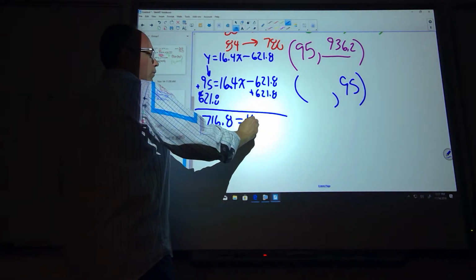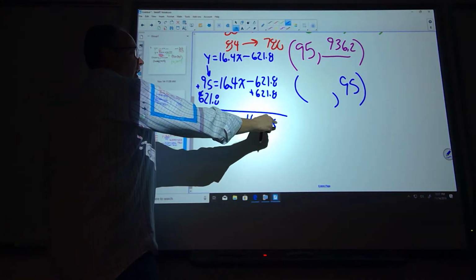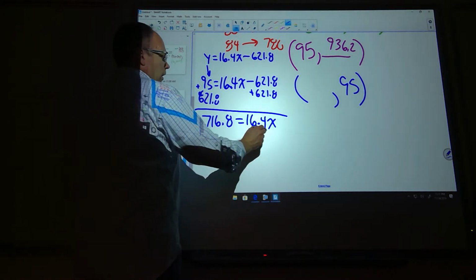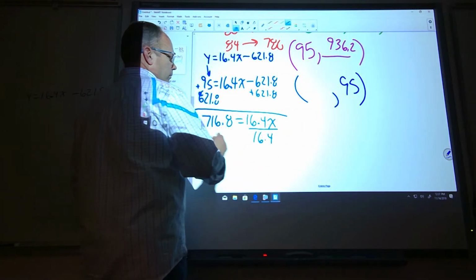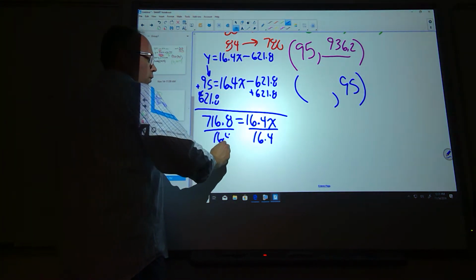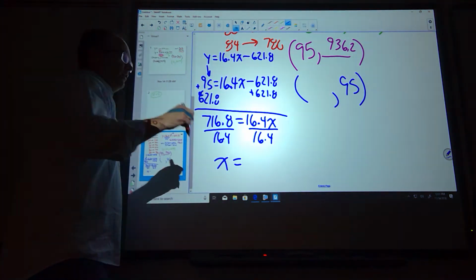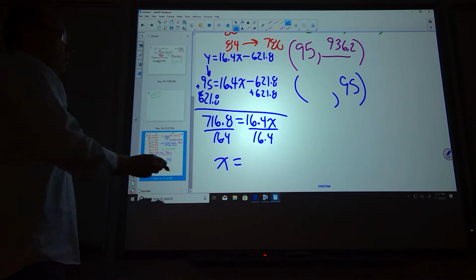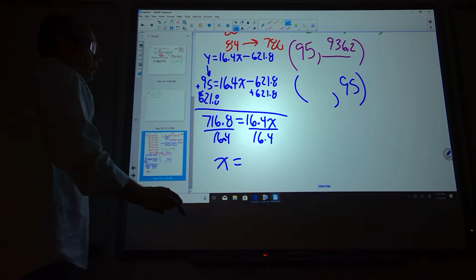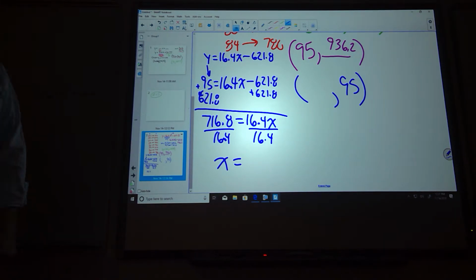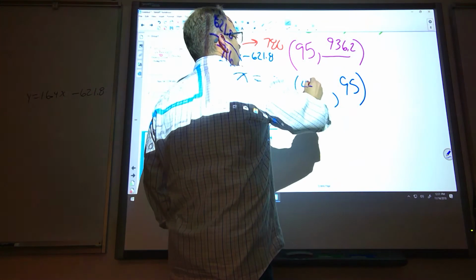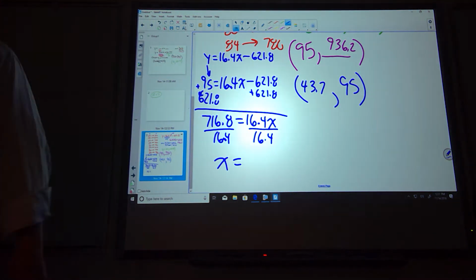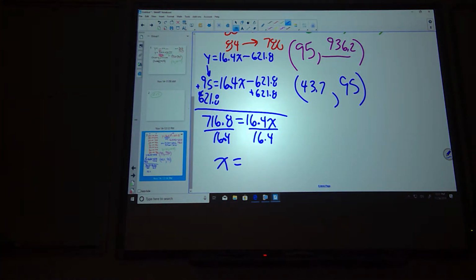Equals 16.4x. How do I undo 16.4x? Divide. Good. Divide each side by 16.4. So I get x is equal to 716.8 divided by 16.4 is? 43.7. So it's 43.7 degrees outside if I'm going to only sell 95 cans of soda.